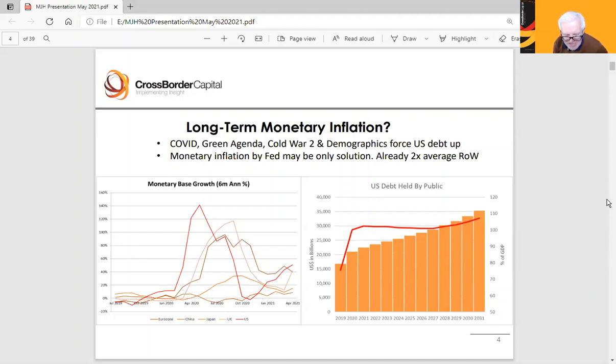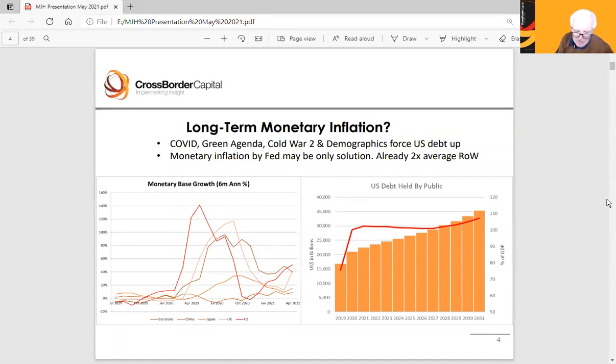Now, this is maybe a little bit arcane in terms of the definitions, but simply because a lot of people look at the balance sheet of the central bank rather than the monetary base. The monetary base is really the number that matters most for the financial system. But very broadly, you can take the monetary base to be defined as the balance sheet minus what the government or public sector holds in cash balances.